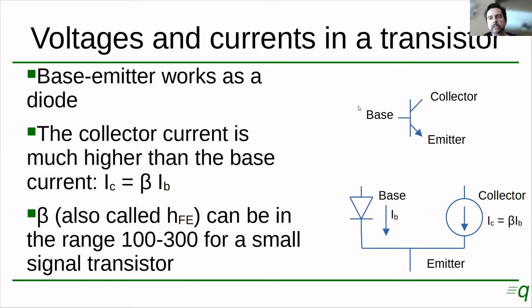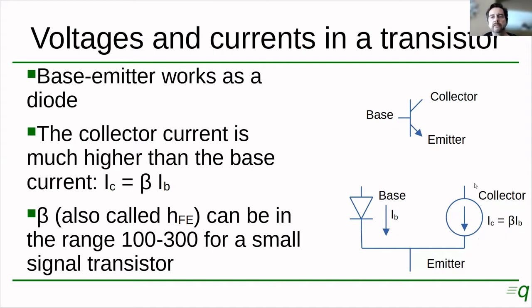So we could consider this device, which is a three-terminal device, as an equivalent circuit where we have a diode between the base and emitter, right? And we can have a base current flowing through this diode. And this base current is going to be controlling the collector current.